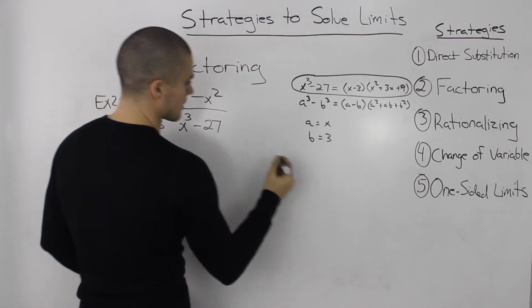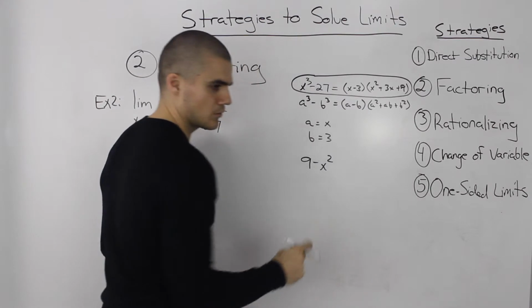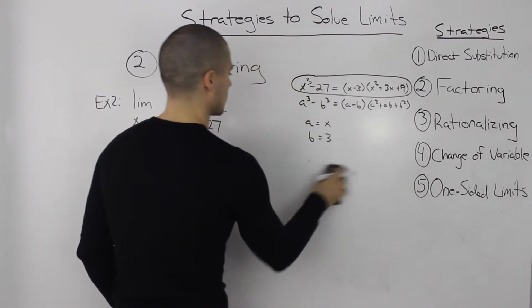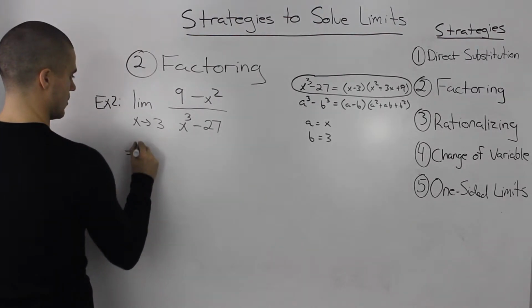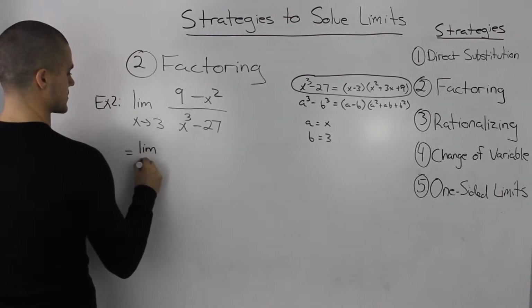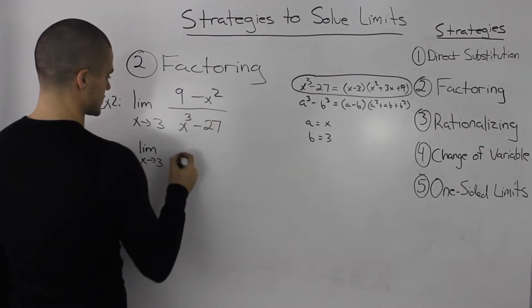Now let's factor 9 minus x squared. You know what, let's factor that while we're doing the limit actually. So we'll have the limit as x goes to 3. 9 minus x squared is what? It's a difference of squares, right?